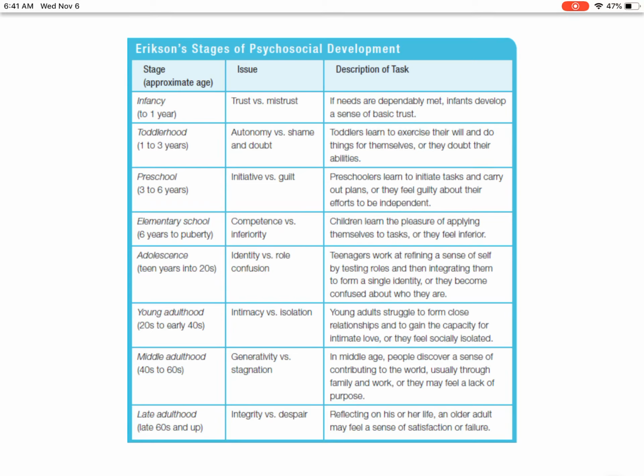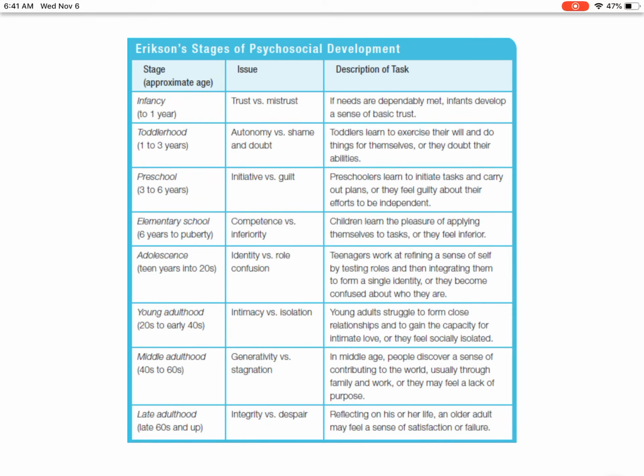You can do things on your own, or do you doubt your abilities? 3, do you have initiative, like you're going to be a risk taker, you're going to start new things, try new things, or do you feel guilty for everything you do? 4th, are you good at things, competent, or bad at things, inferior? 5th, remember you must be successful in the first 4 in order to be successful in the 5th, which is identity. Do you know who you are and where you're going? Or do you have role confusion?